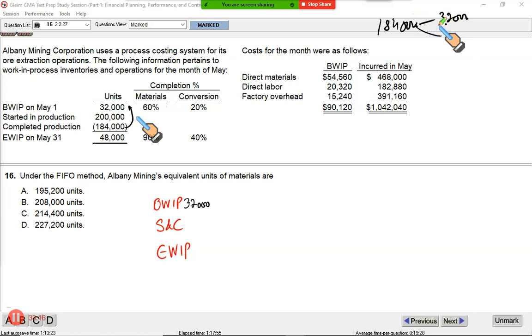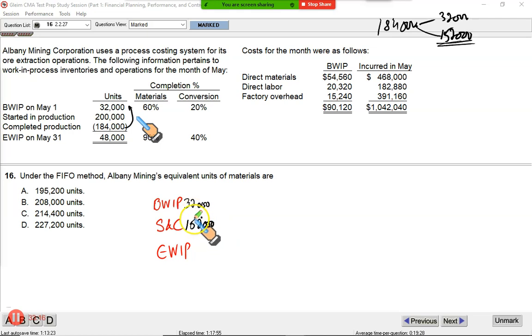So 184 less 32, 152. This 152,000 is the units started and completed, because out of the 184,000 completed, 32,000 were already there.